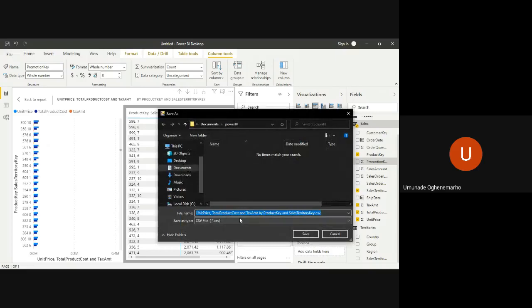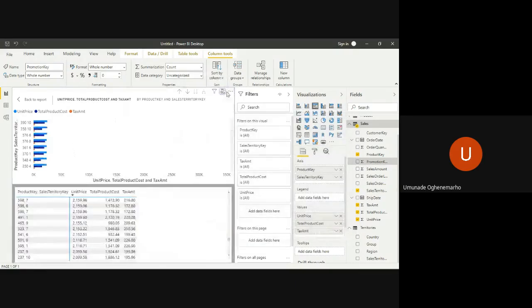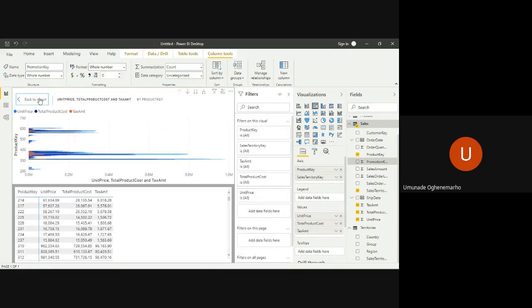So here we have it, .csv. But now I'm not interested in exporting this data. So let me go back and drill up, back to the report.